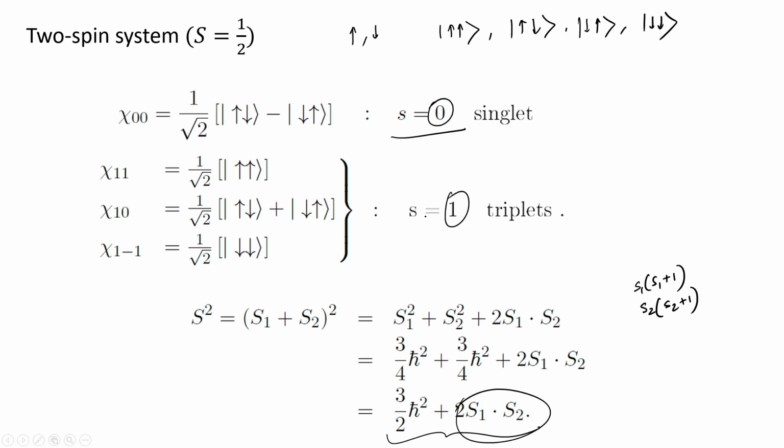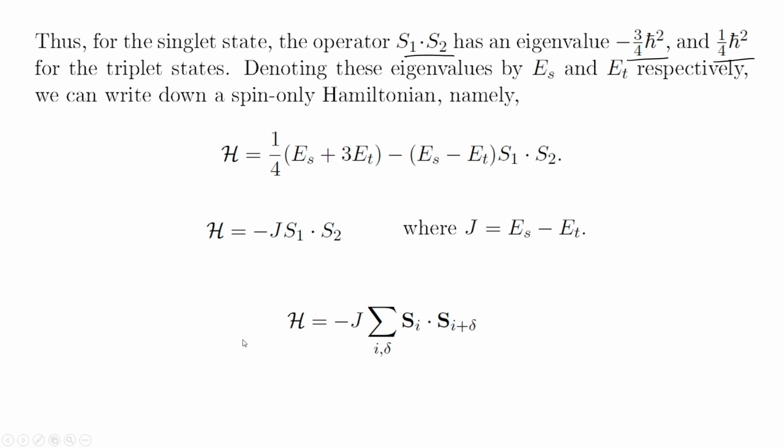Okay. This is the total S, the capital S. So, for S equal to 0 it is 0 and for S equal to 1 it is 2 h cross squared. So, we know the eigenvalues of S1 dot S2 for the singlet and triplet states.